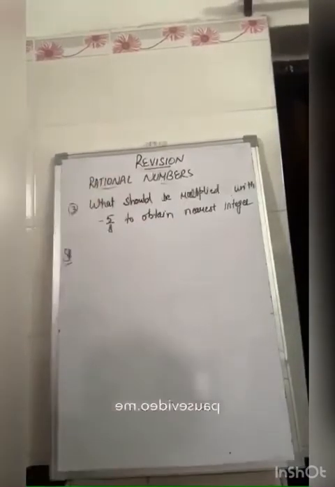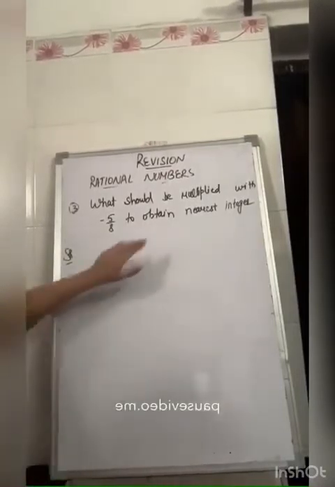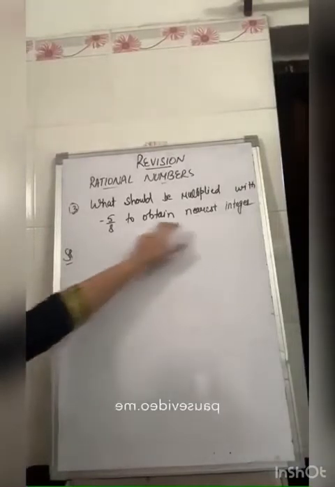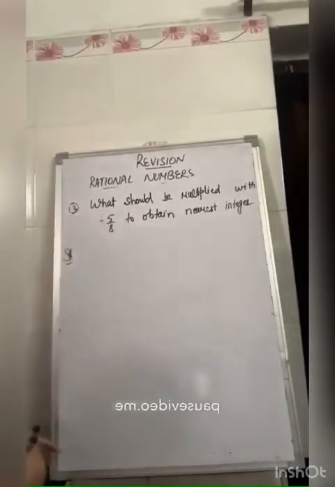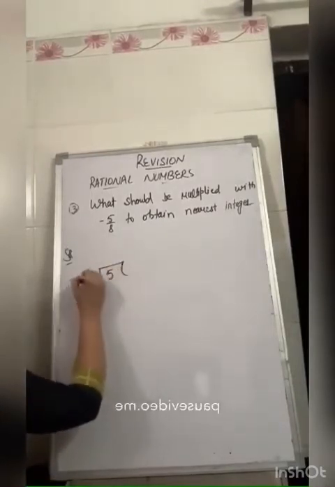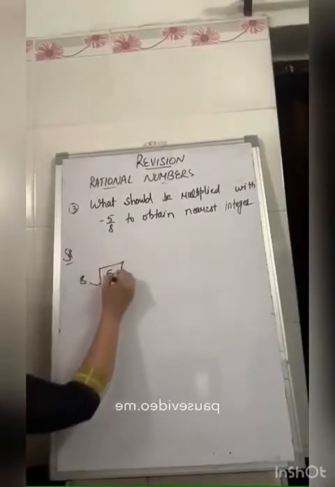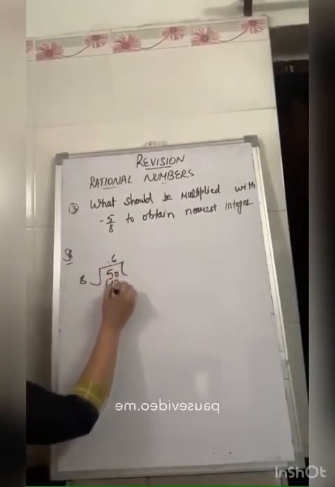Next question. What should be multiplied with minus 5 by 8 to obtain the nearest integer? Now again we want to see which is the nearest integer to minus 5 by 8. So we will divide it. 5 अंदर 8 बाहर. 5 is smaller than 8, so decimal 0. 8 6 are 48.